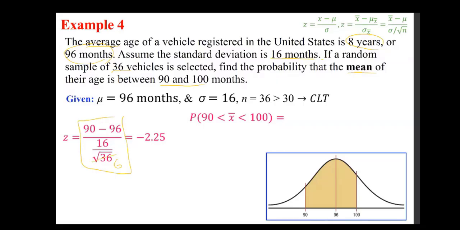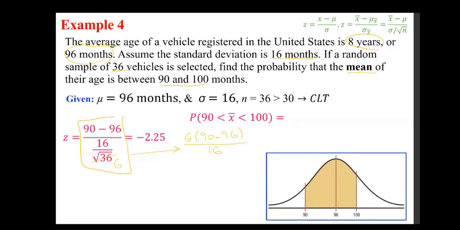This complex fraction becomes 6 times 90 minus 96 over 16. Because you're dealing with a complex fraction, I wanted to remind you about what we have learned in basic algebra. So complex fraction becomes a simple fraction. You do the math, you end up with negative 2.25.